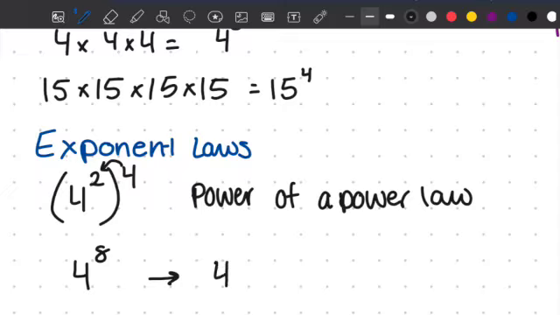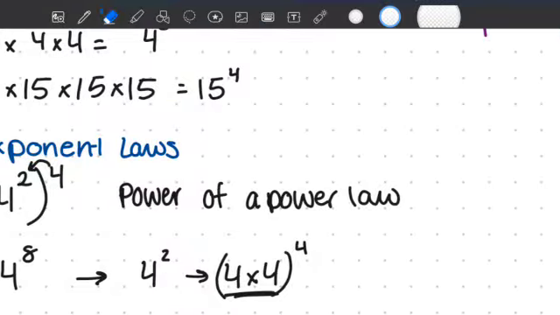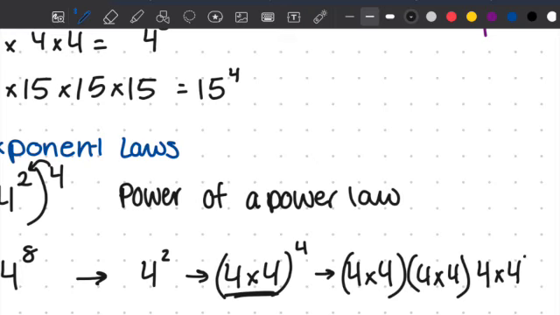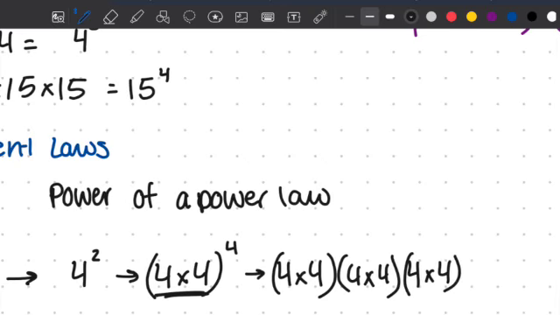This is because 4 squared is like saying 4 times 4, and then I've got that to the power of 4, so I would write this out 4 times. I'd be left with 4 times 4, that's my first time, 4 times 4, second, third, and fourth.